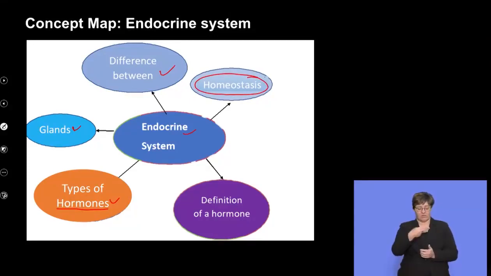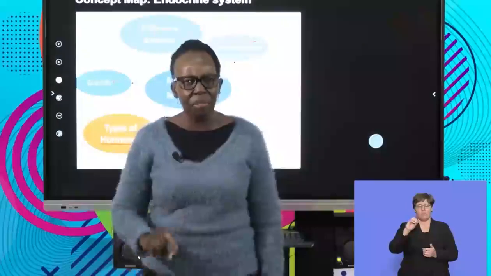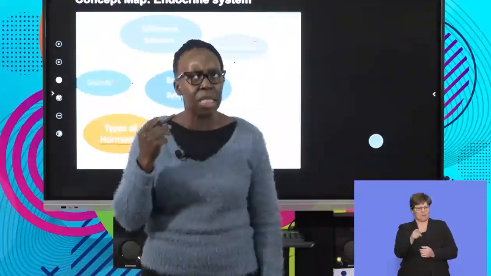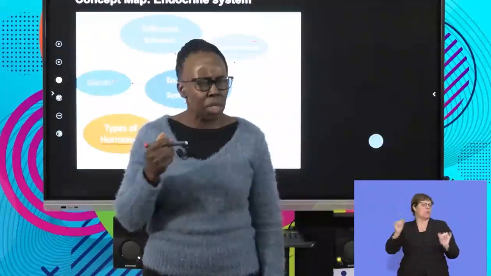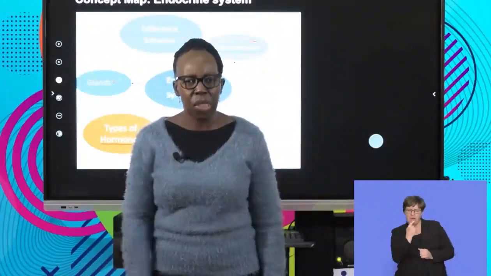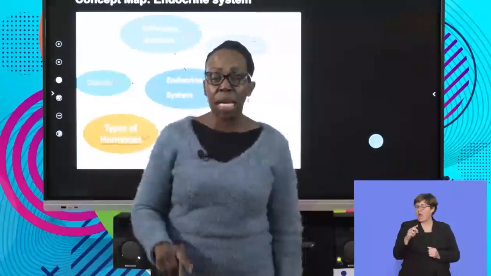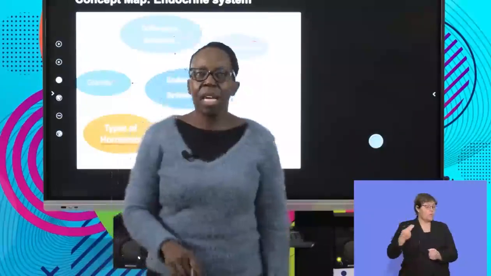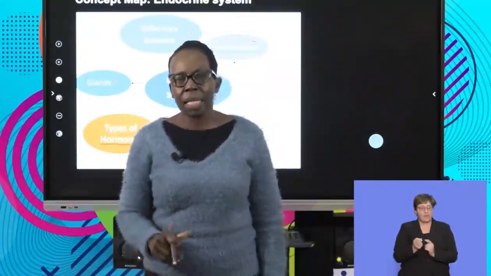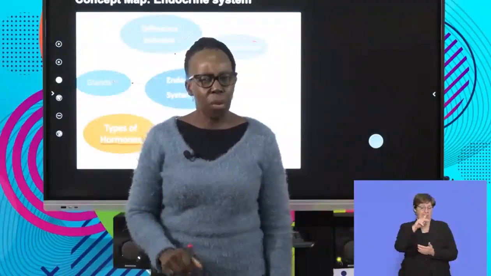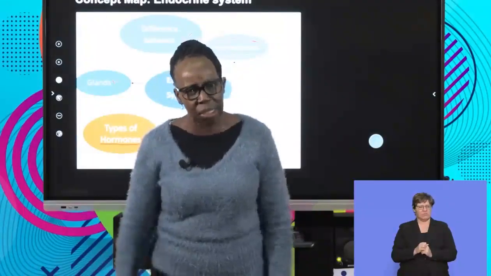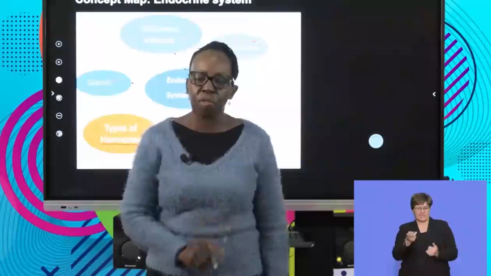What is really homeostasis? I believe this word now is resonating in your brains. You're trying to remember what homeostasis means. Remember, hormones are those secretions that are secreted by the glands. And now when we're talking about homeostasis, we are looking at human beings, don't forget.